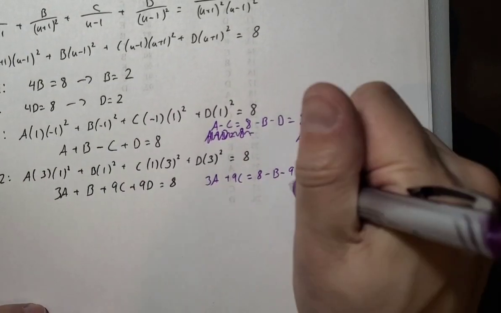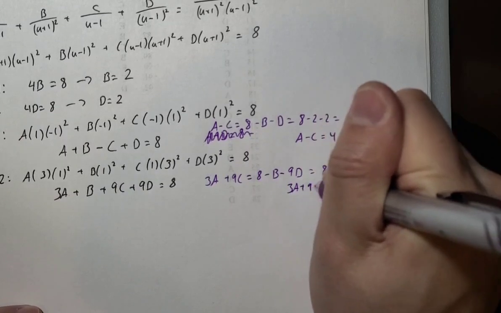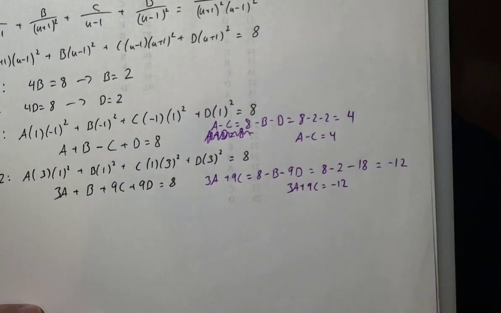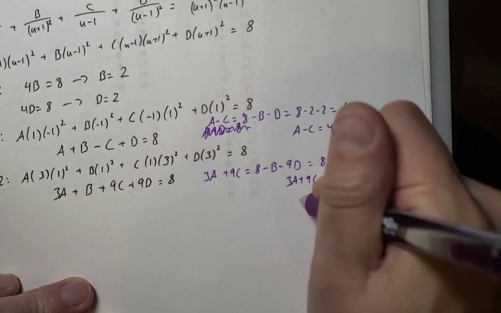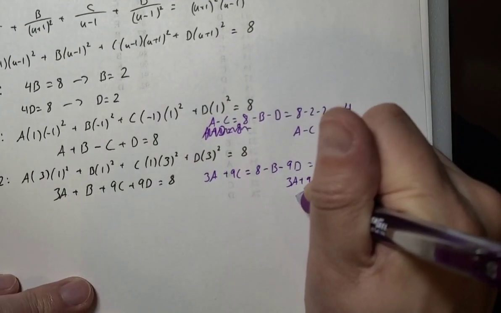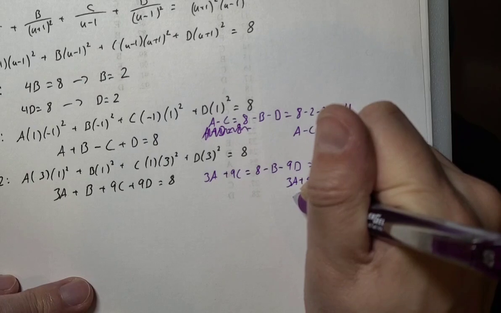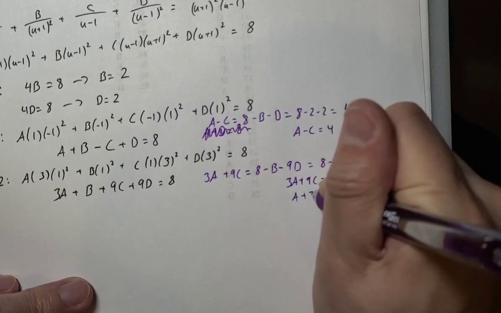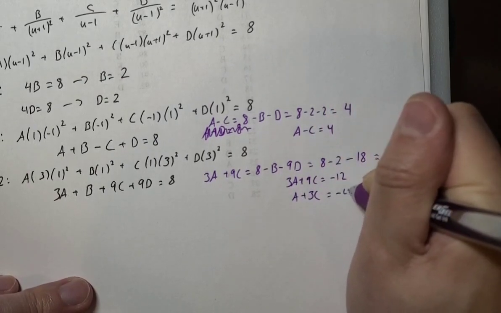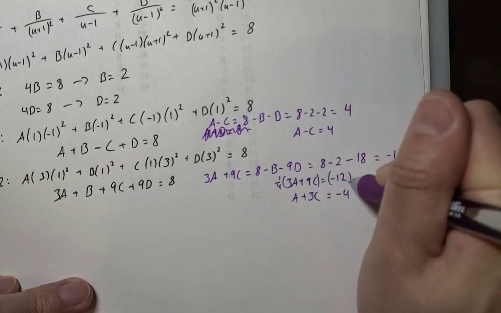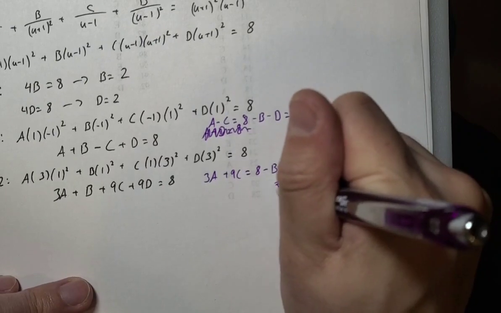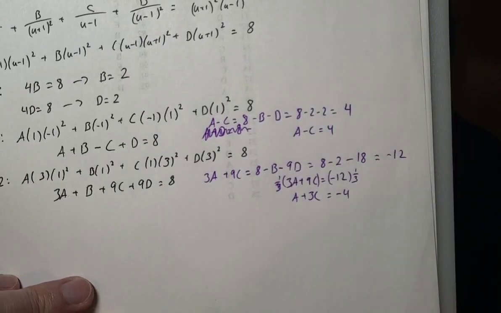Okay, so we can say 3a plus 9c is minus 12. Let's solve the system of equations. We can actually reduce this even to a plus 3c is equal to minus 4, by dividing by 3 on both sides.